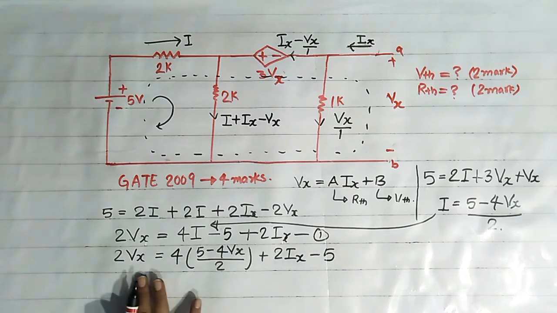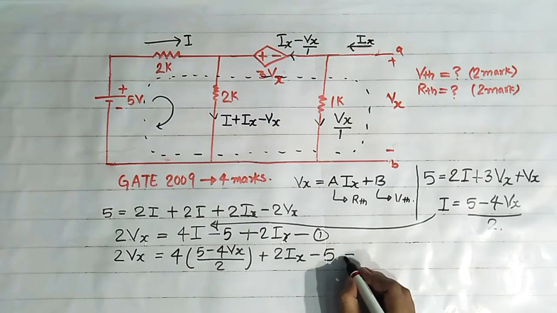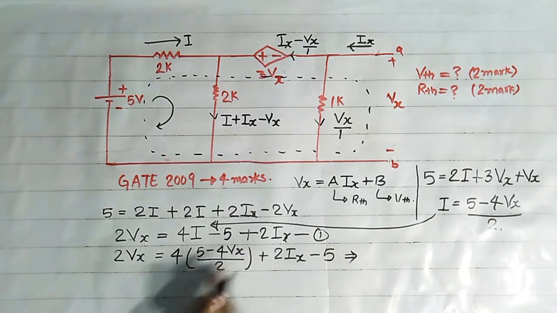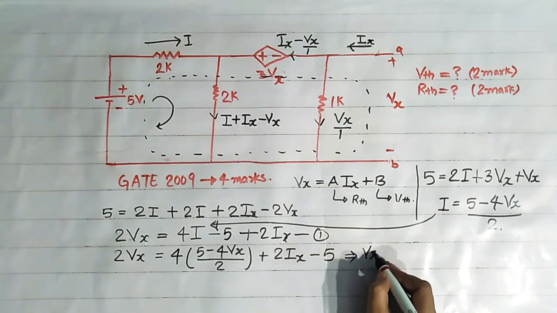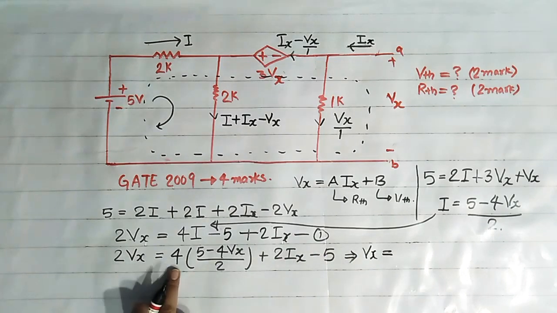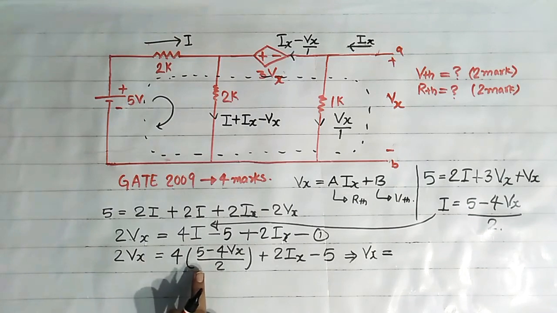So on rearranging this equation we get Vx is equal to 4 times 5 is 20, 10 minus 5.